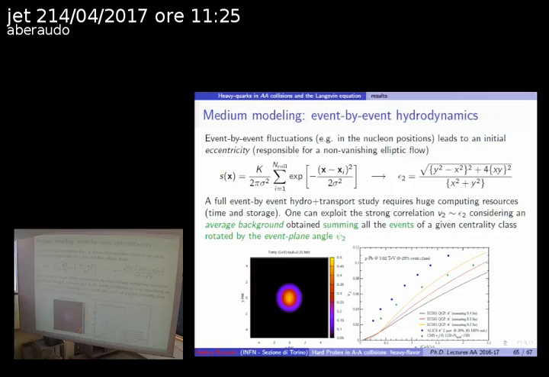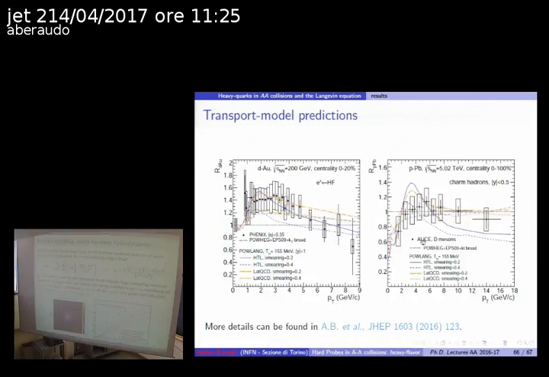This is a cartoon of the initial condition, and this is the resulting elliptic flow for different initializations that you get for the light hadrons. So these are pions that you would produce, and these are experimental results from ATLAS and CMS. This was just a validation of the modeling of the background.